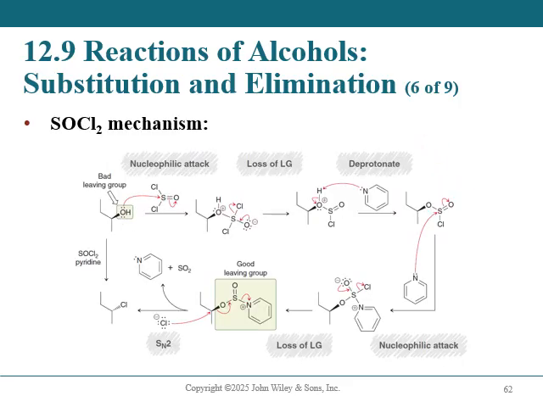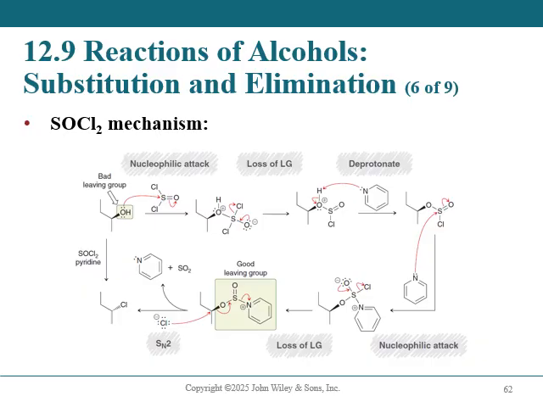Just like in the previous example, we have the same challenge with the alcohol, that the hydroxyl group is a poor leaving group, doesn't really participate in substitution reactions very well. Thionyl chloride, or SOCl2, solves that problem by converting the alcohol into a much better leaving group, just like we saw before with the PBr3. The alcohol oxygen first attacks the sulfur in the SOCl2, forming an intermediate.